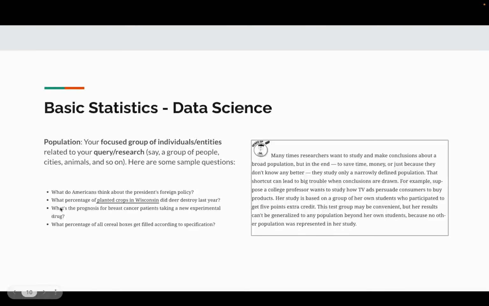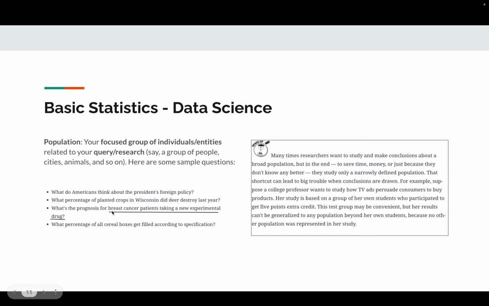The second question, what percentage of planted crops in Wisconsin did deer destroy last year? We're talking about all the planted crops in Wisconsin. So this is your population for this research question. The third one, what's the prognosis for breast cancer patients taking a new experimental drug?